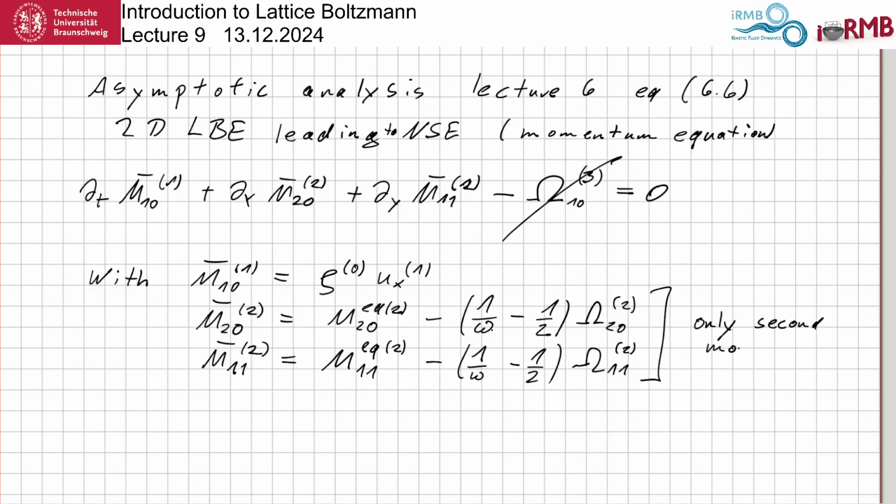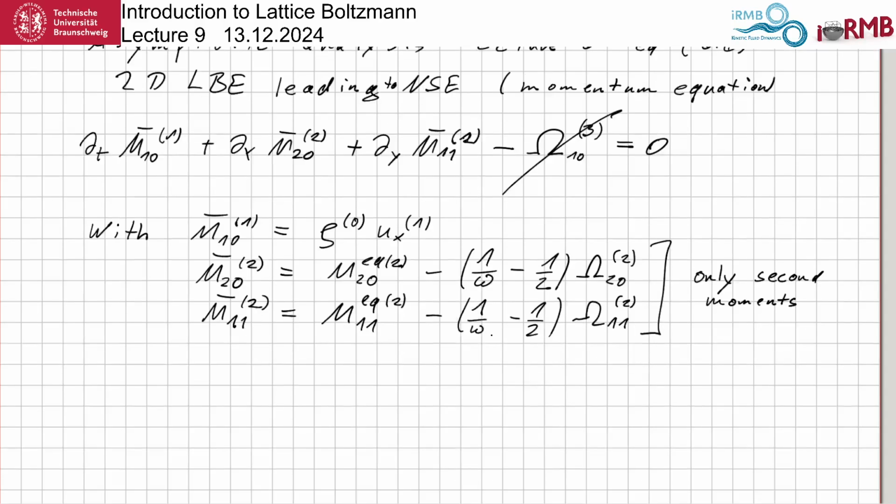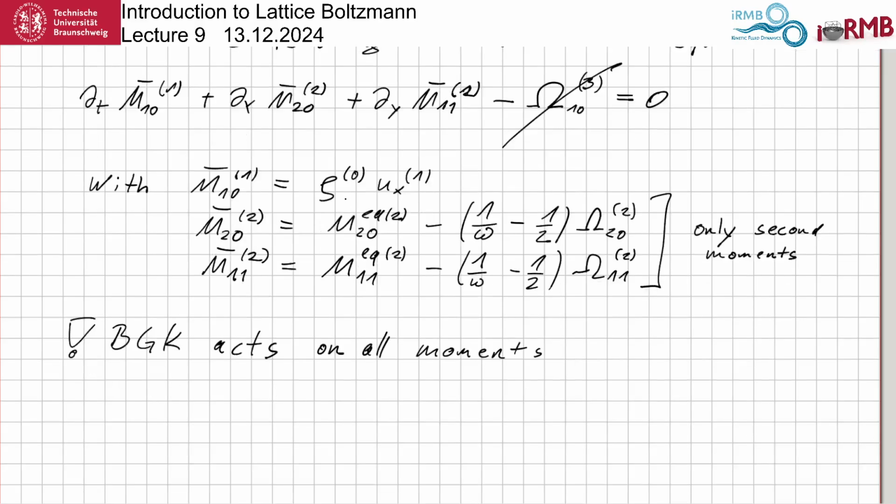So it is only required to do this for second moments. However, BGK does it for all the moments together. It acts on all moments. So the idea of the classical MRT method is now the following. We could use different relaxation rates for different moments.